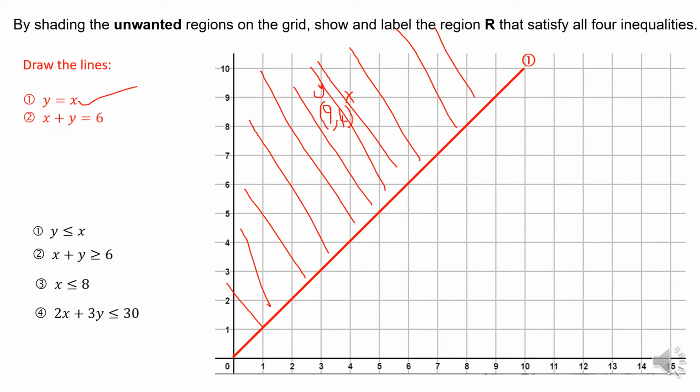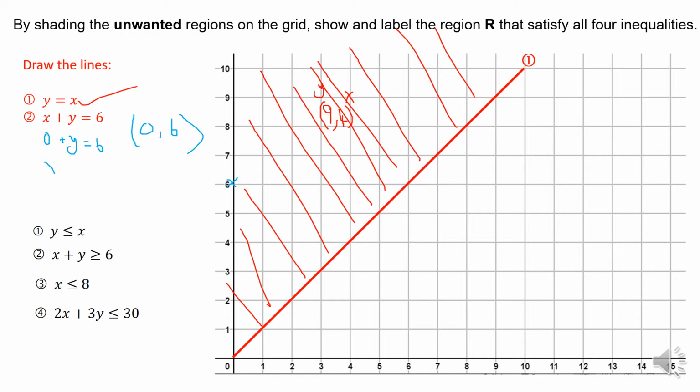So the next one is the line x plus y equals 6. You can find the solution to this line by simply making x to be 0, then you find the y value, then y is 6. Once you have the point (0, 6), you can plot that point. It's going to be here on the y-axis.